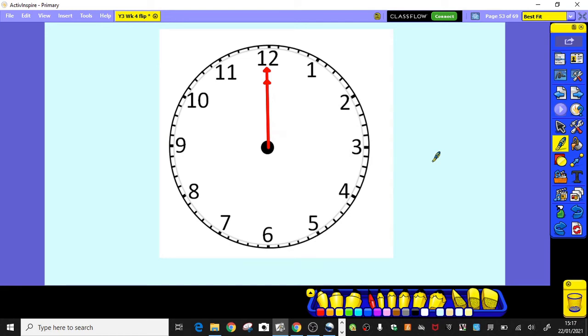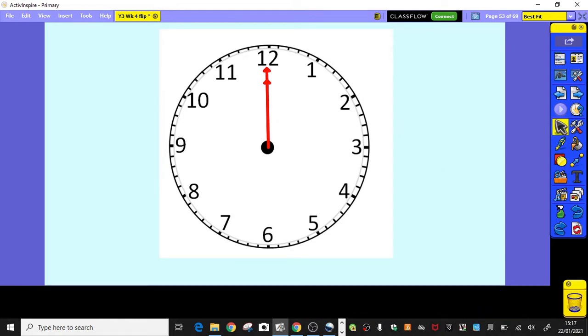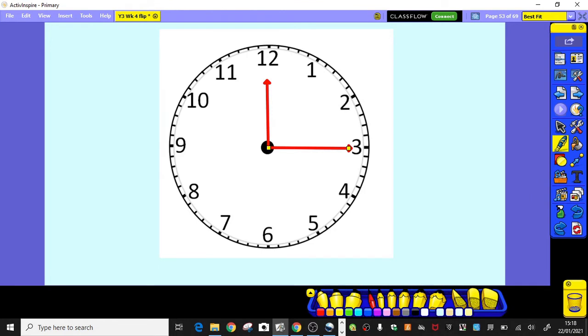Okay, so we can also have a look at angles and turns on a clock. And as I said in the video, and we looked at the other day, if I turn my minute hand on my clock 1/4 of a turn, it's pointing at 3, and we've now got a right angle there in the middle.